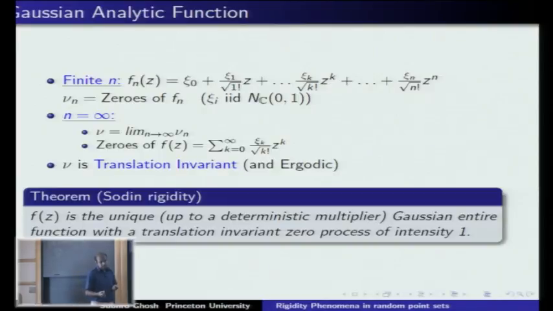If you want to have Gaussian coefficients with some scaling and you want an invariant set of zeros, then that random entire function is going to be this multiplied by some deterministic entire function. If I choose a coefficient a_j in front of the c_j, no matter how I choose, I will end up with the same process, if you have an invariant set of zeros.